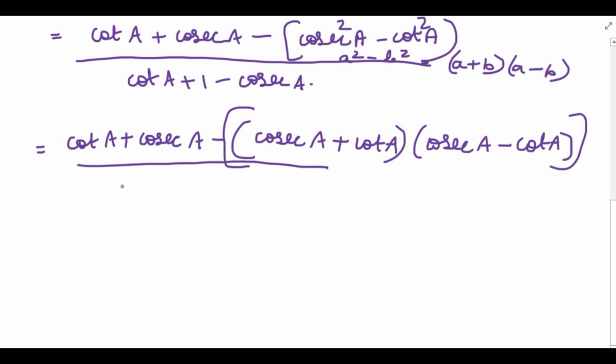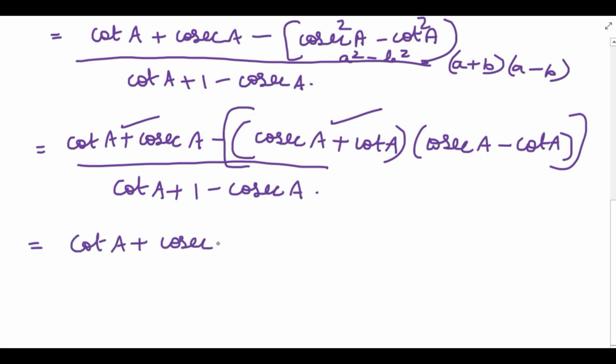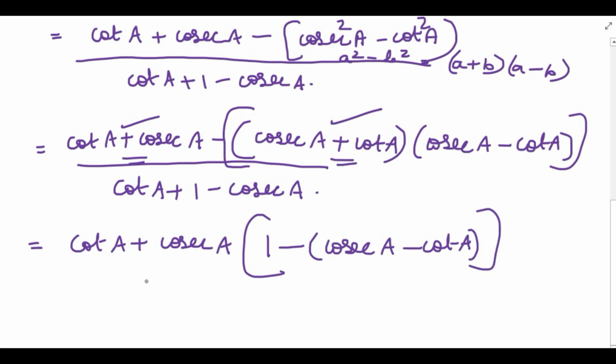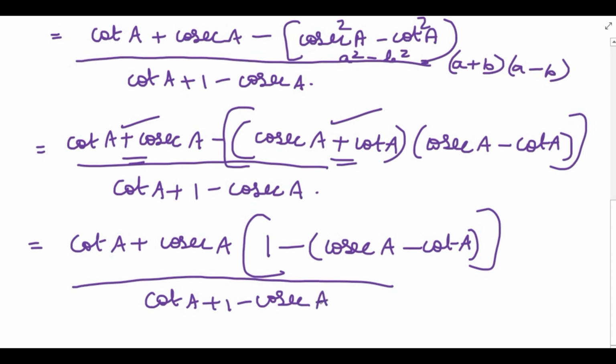Denominator as such I'll write cot A plus 1 minus cosec A. Now cot A plus cosec A is common, so I can take it outside. Here 1 is there, minus (cosec A minus cot A), this I have already taken outside, divided by cot A plus 1 minus cosec A.